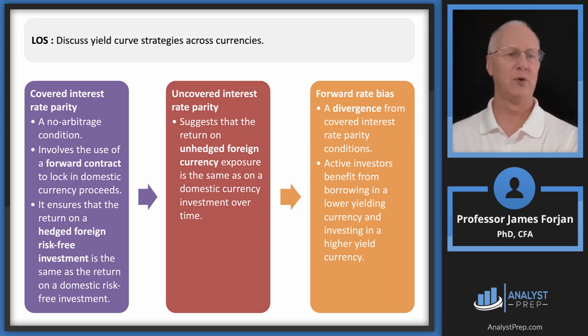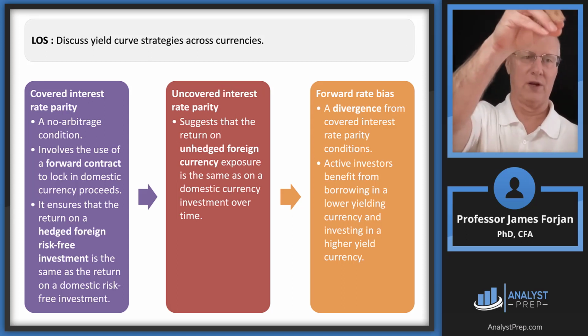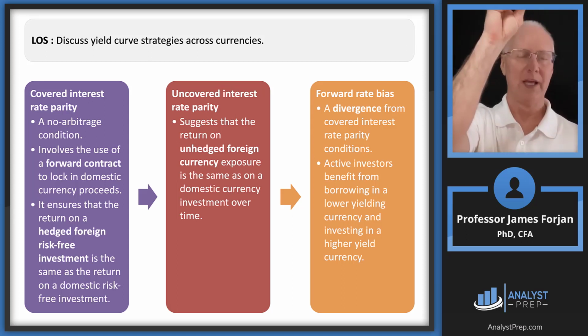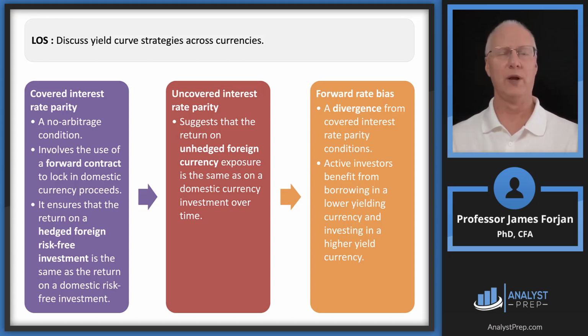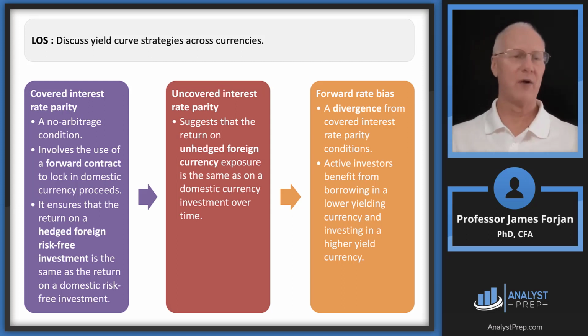Let's suppose that it matures in 1 year for 110. So all I do is enter a forward contract to sell those 110 Canadian dollars back to US dollars, and hopefully I'll get something more than 100 US dollars, right? That would be a negative return otherwise. Maybe I'll get 106, maybe 108, maybe 112.